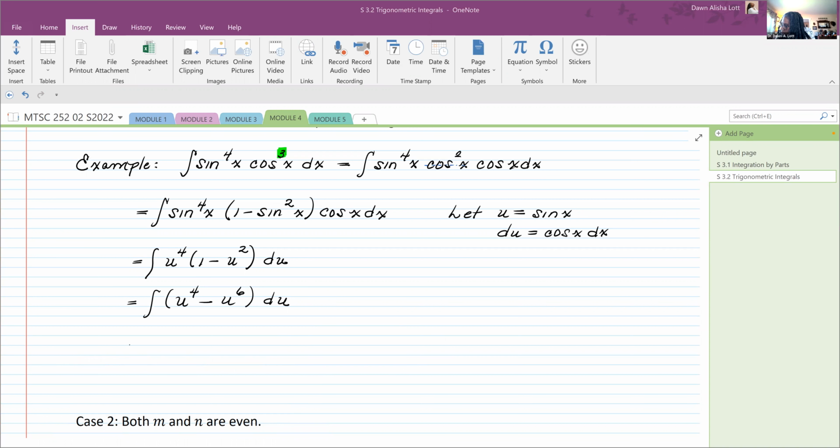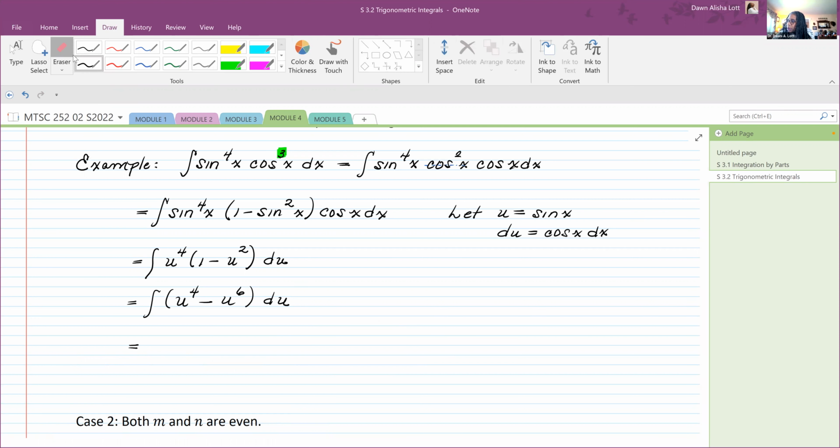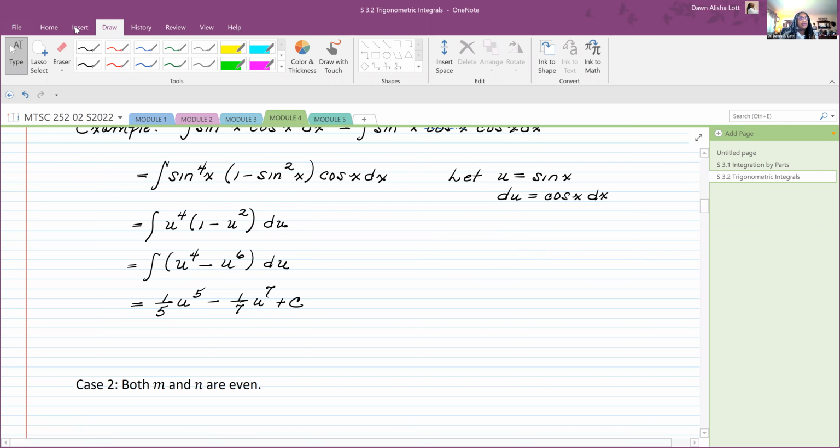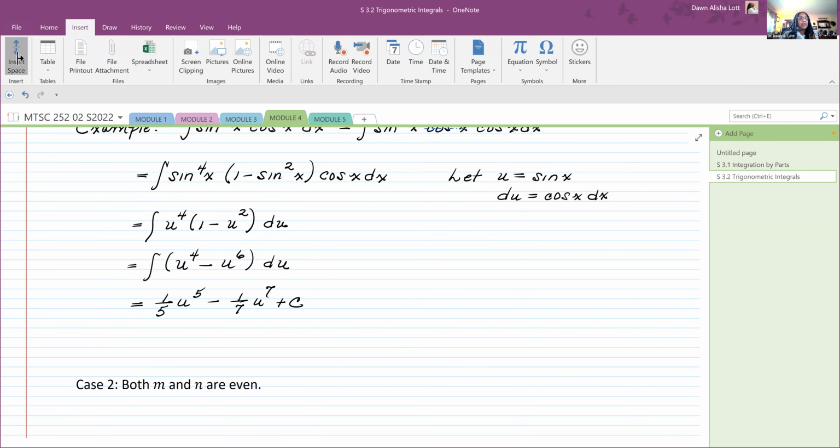So this becomes the integral. Now I integrate it, find the antiderivative. So the antiderivative is 1 over 5 u to the 5th minus 1 over 7 u to the 7th plus a constant. And so now I have an answer because I can plug my u back in.